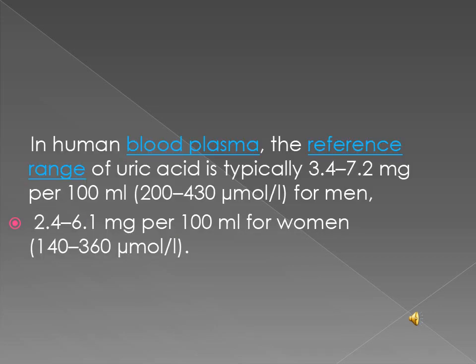In human blood plasma, the reference range of uric acid is 3.4 to 7.2 milligram per 100 ml, or milligram per deciliter, for men, and 2.4 to 6.1 milligram per 100 ml for women.